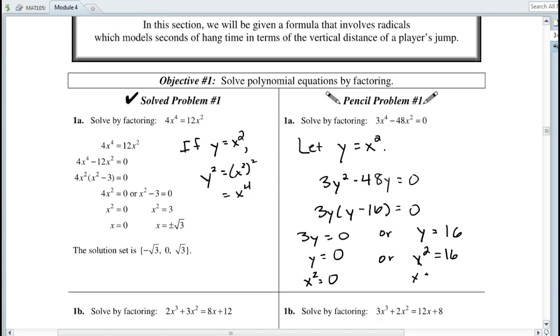Then the square root property tells us x equals plus or minus 4. So for this problem, the solution set would be the three numbers 0, negative 4, and positive 4, in no real special order.